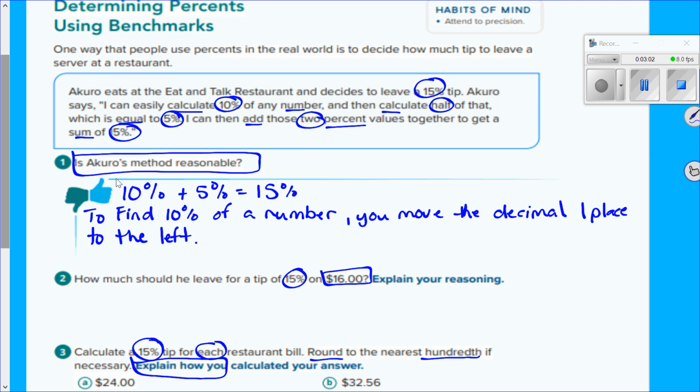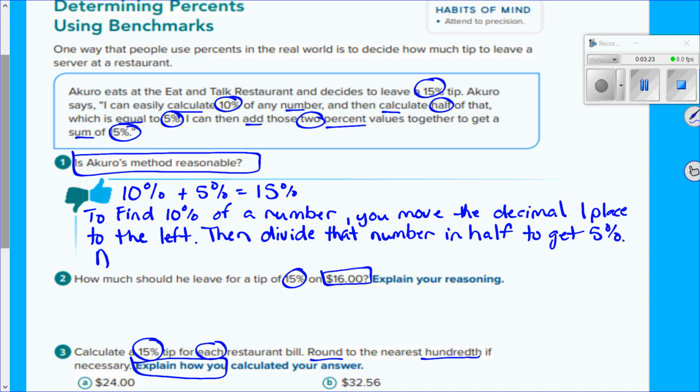How do you go from 10% to 5%? Divide by 2. You would divide the number you got in half. To get 5%. And then you would add them together to get 15%. Does everybody agree? So yes, it works.